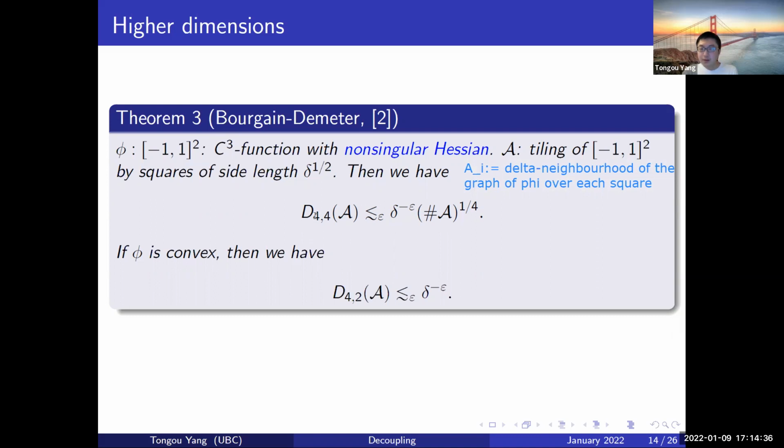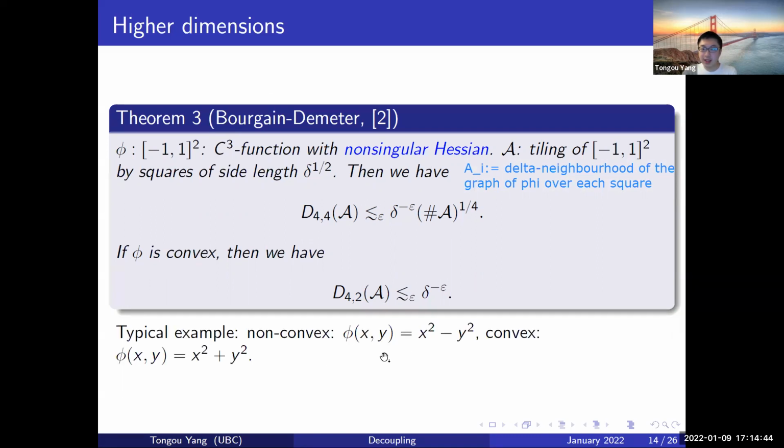And in general, we cannot obtain a little L2 decoupling because of some trivial issue. For example, we can check that for the function phi(x,y) given by x squared minus y squared, because this is a ruled surface, the delta neighborhood of the graph would contain a straight rectangle, and because we know that flat decoupling is not interesting, it gives a lower bound which is much greater than 1 for the decoupling constant.